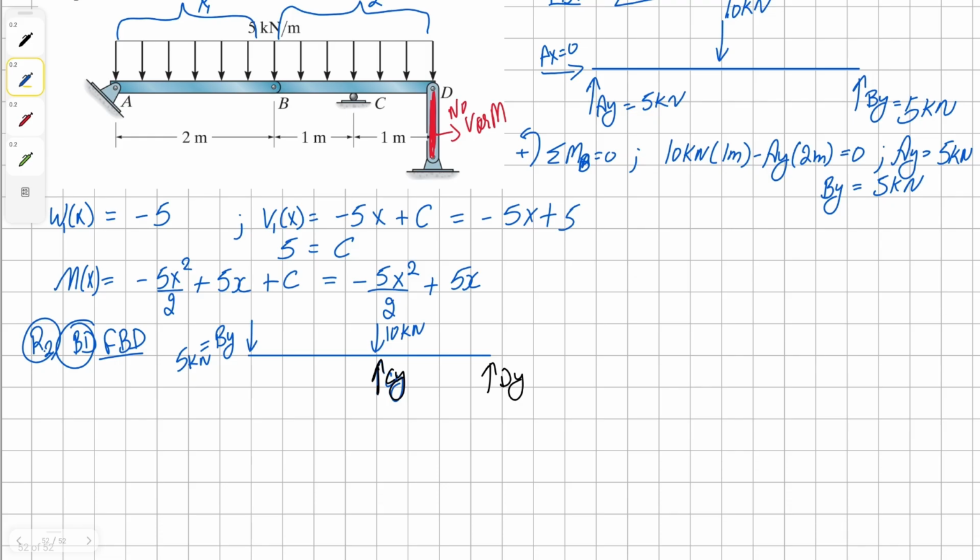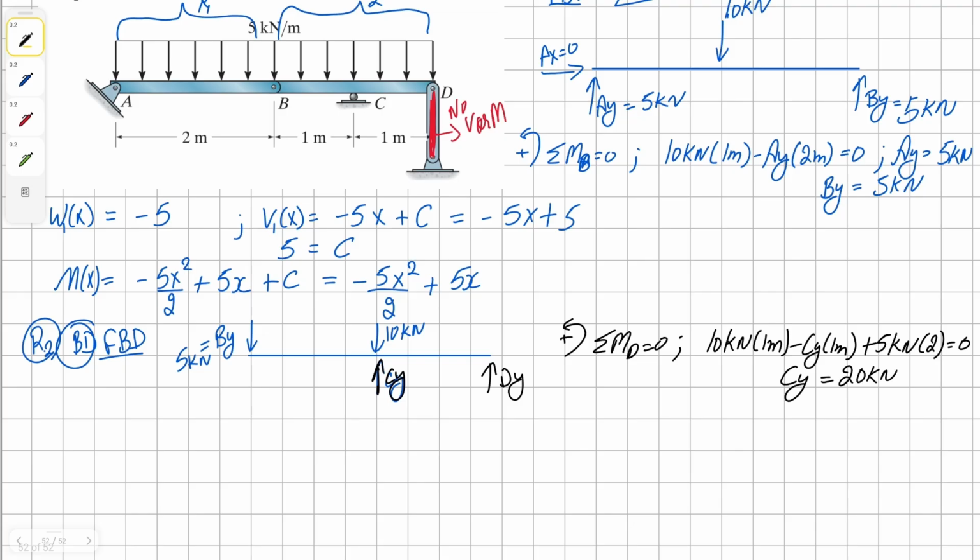Now to find the CY, we can take the moment about the point D. So we're going to have counterclockwise 10 kilonewton, 1 meter away, clockwise CY, and then BY is counterclockwise 2 meters away, all equals to 0. Our CY is going to be 20 kilonewton, and by summing the forces in y direction, our value of DY is going to be -5 kilonewton.